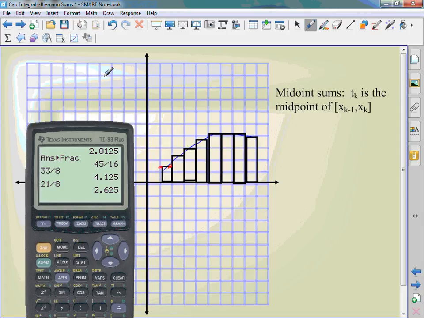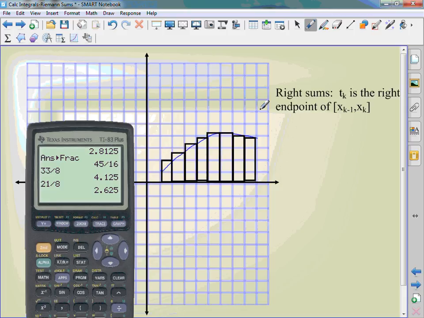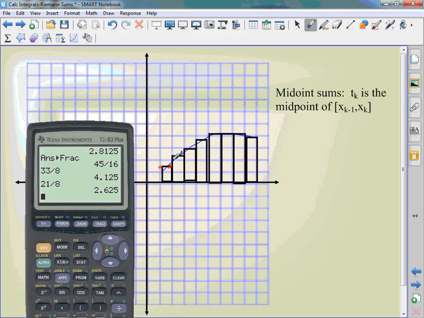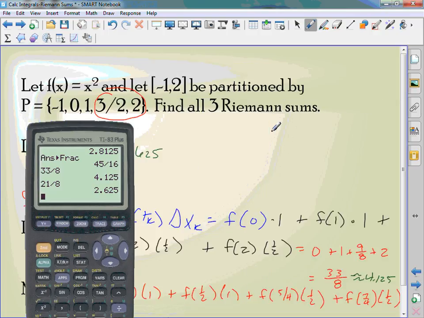Left, you have gap, gap, gap, gap, gap, about right. This one's over a little, this one's little pretty much everywhere. I can't say which one's exactly right yet. But that's all we're doing right now for Riemann sums.